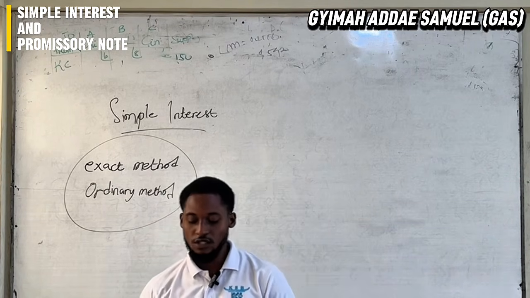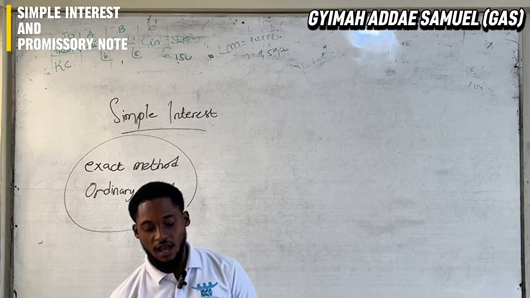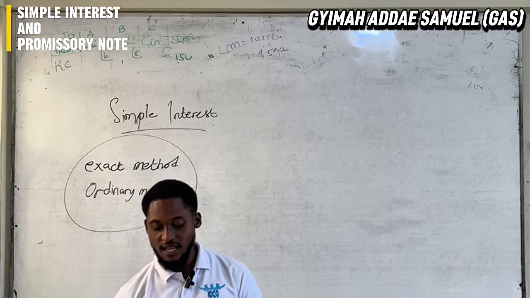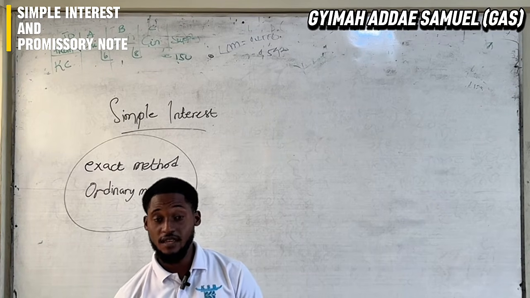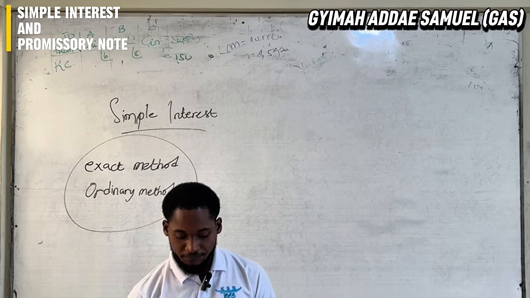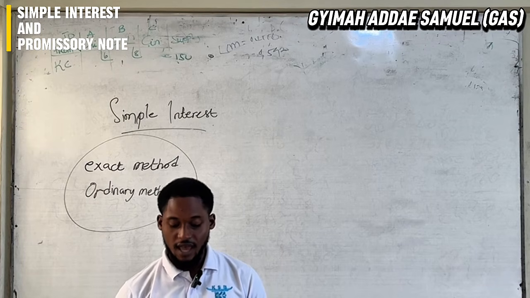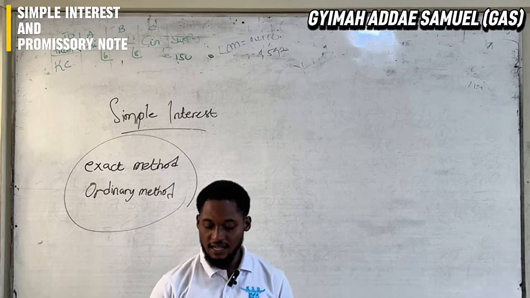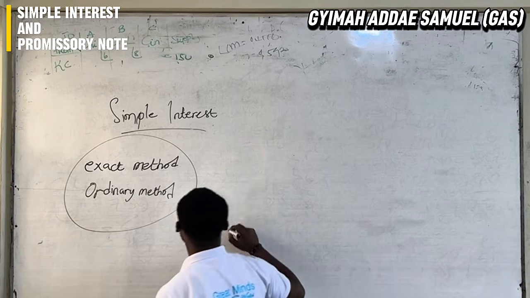The exact method uses the number of days in the year, 365 days, and 366 days in a leap year. So 366 days is used in a leap year and 365 days is used in general. The ordinary method assumes that there are 30 days in a month and 360 days in a year. Simple interest under this method is therefore calculated using 360 days.